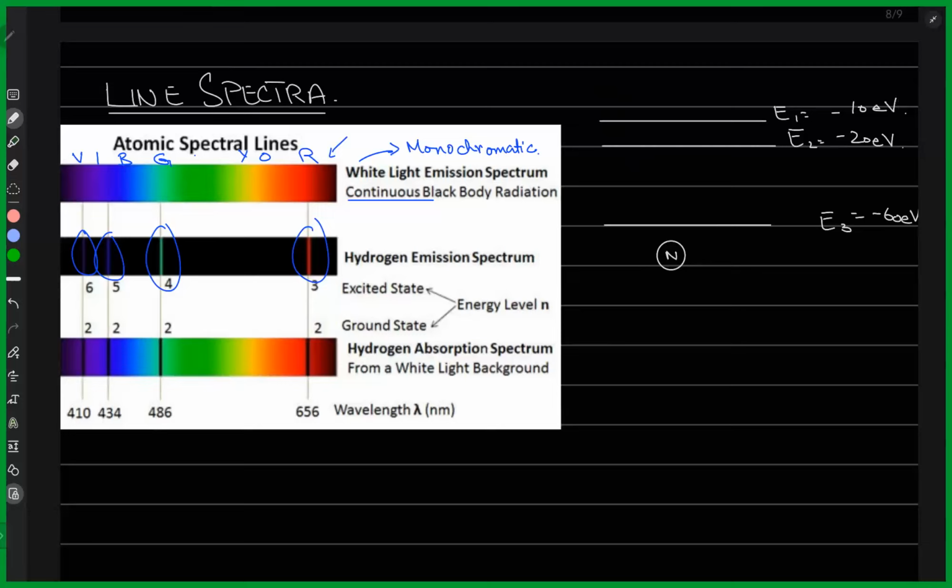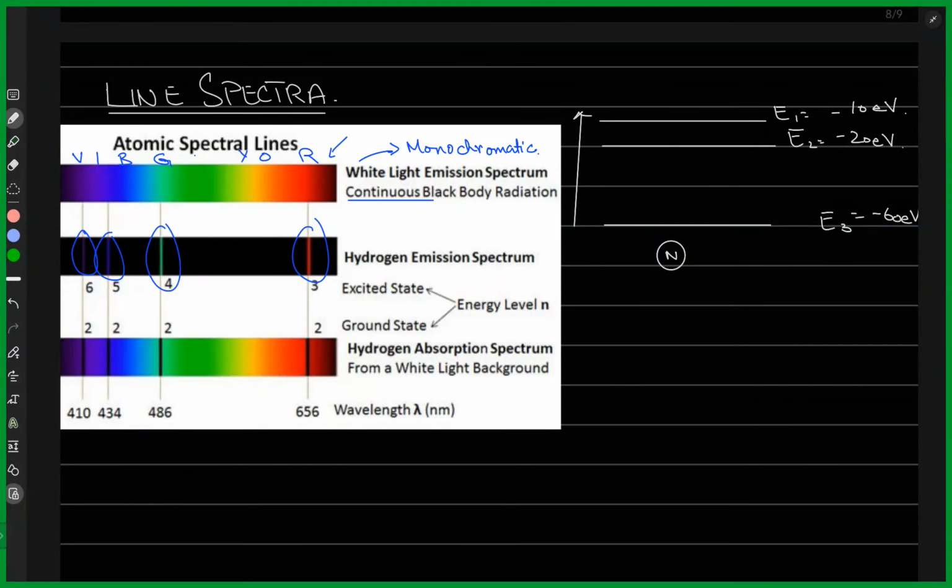So the first thing that you see is that the energy levels are increasing in this direction, if I'm considering the nuclear pull of these energy levels.